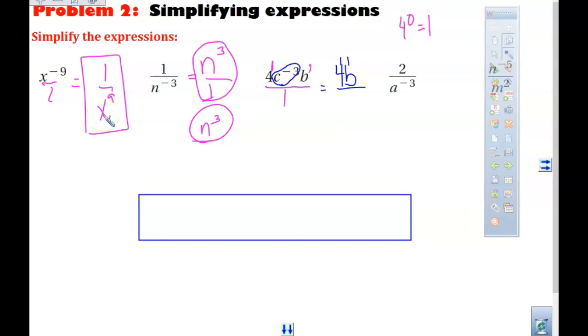So here, guys, quickly, what are we going to do with the c? It's in the numerator. So I'm going to keep it in the numerator. No. So if I move it to the denominator, c to what power? C to the what? C to the 3. C to the third. Okay.